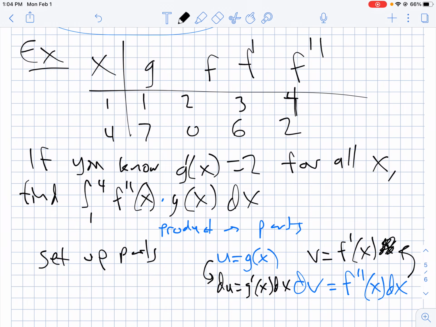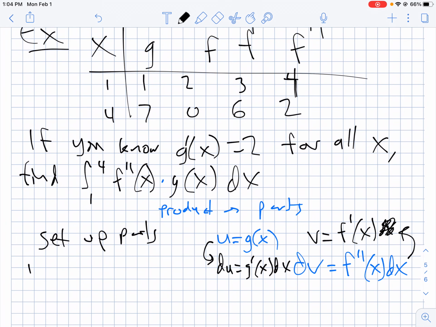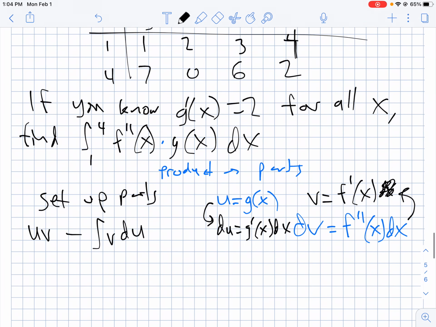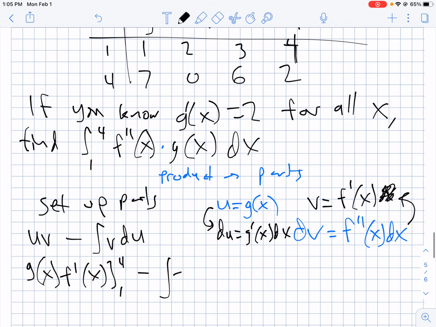This is going to be uv minus integral of v du, going from 1 to 4. So what's u times v? That's g of x times f prime of x going from 1 to 4, minus the integral of f prime of x times g prime of x from 1 to 4.